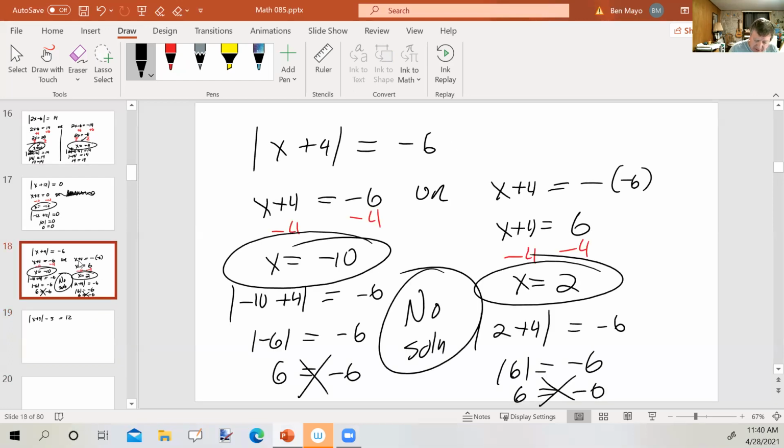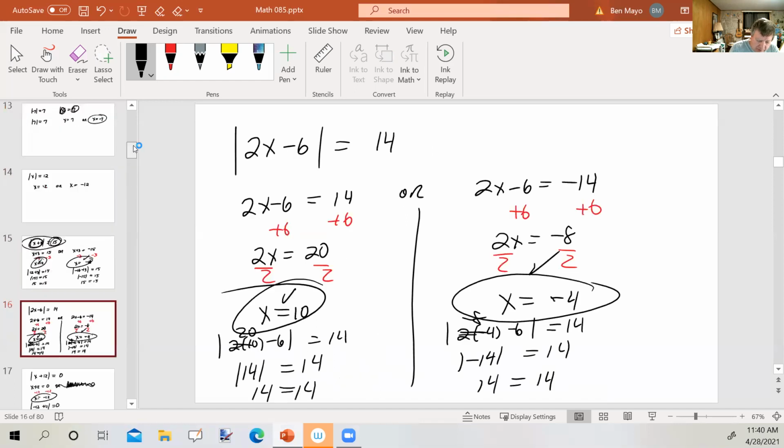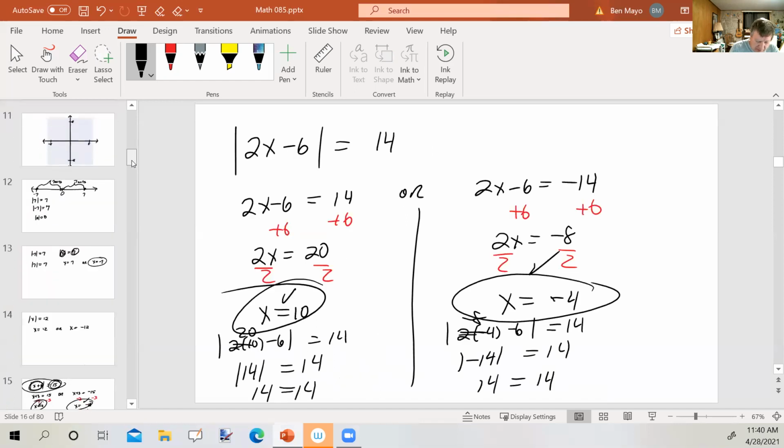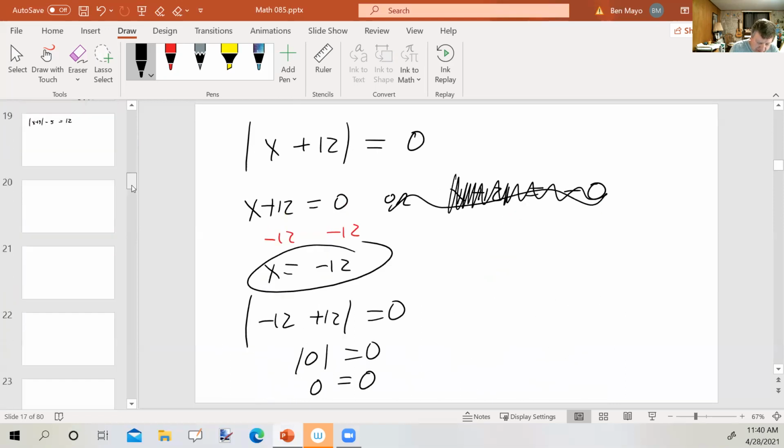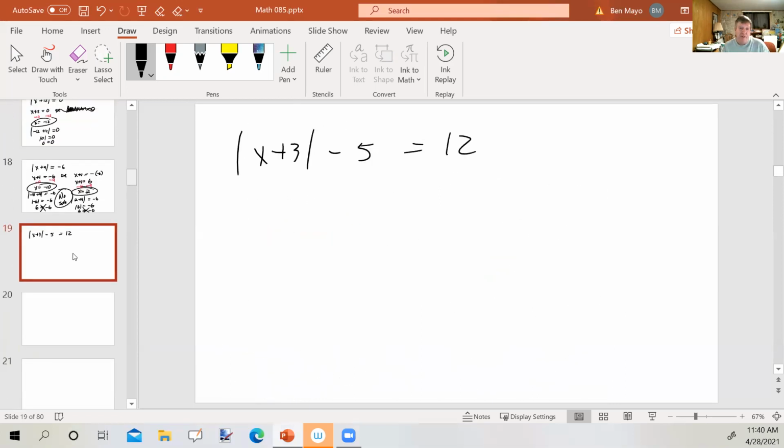On all these other examples, it was just a single absolute value set equal to something else. So now I've got more than one term on the left side of the equation.